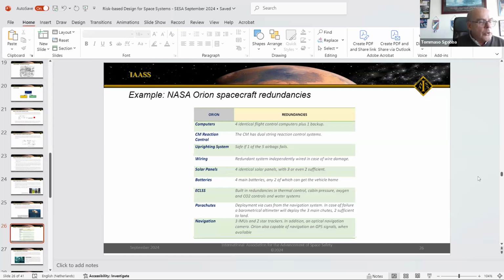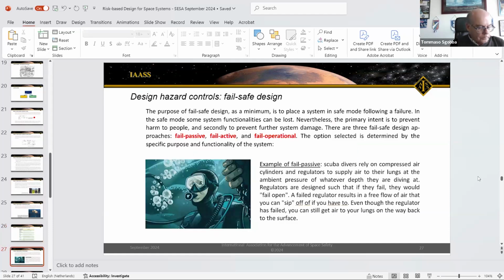So this is to show that redundancy and the criticalities drive the number of redundancies. So there are no fixed rules; it depends subsystem by subsystem.